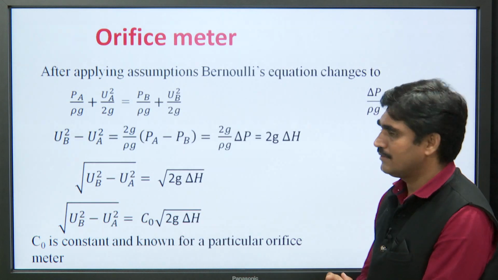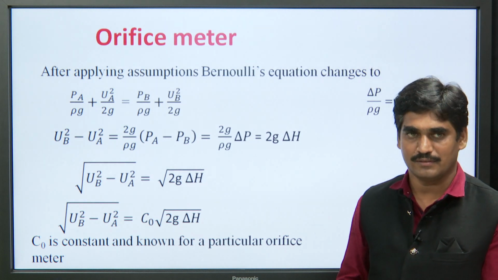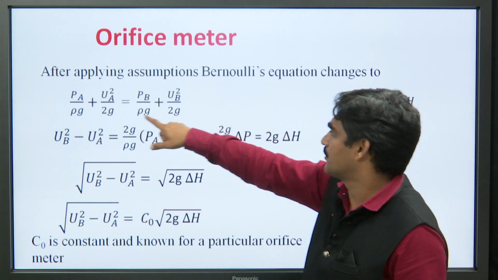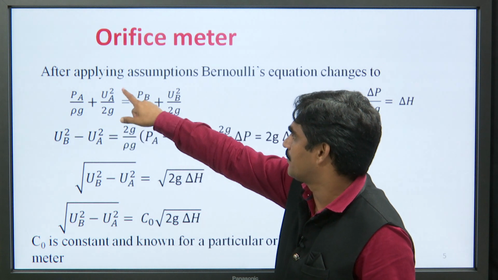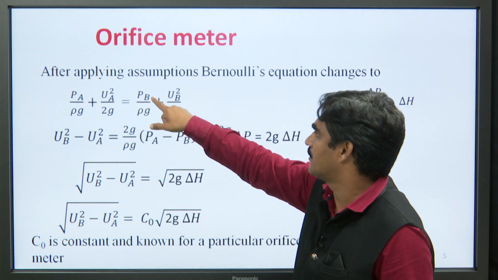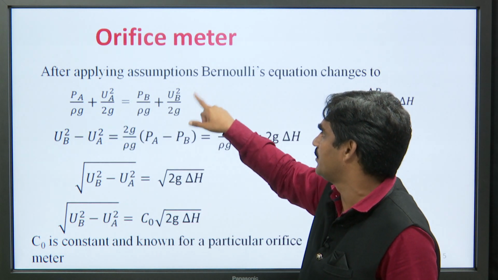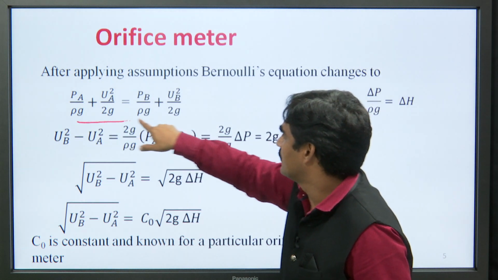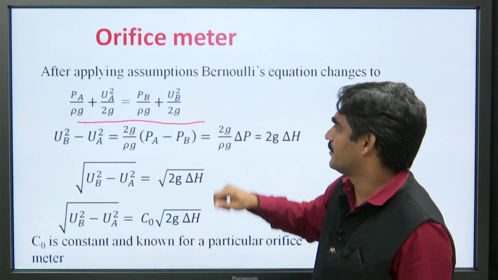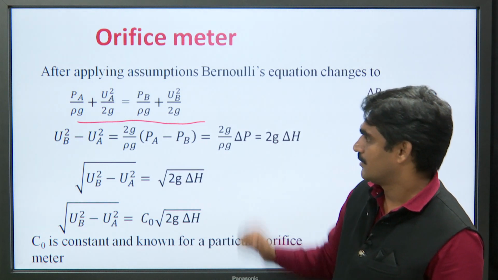Now, after applying these assumptions to Bernoulli's theorem, the equation changes to P A by rho g plus U A square by 2 g, that is equal to P B by rho g plus U B square by 2 g. So, after applying all the assumptions, the equation changes to this form.